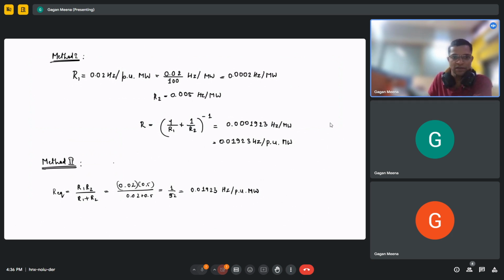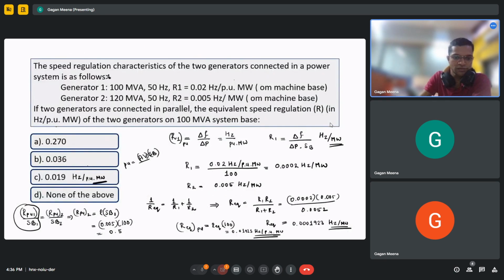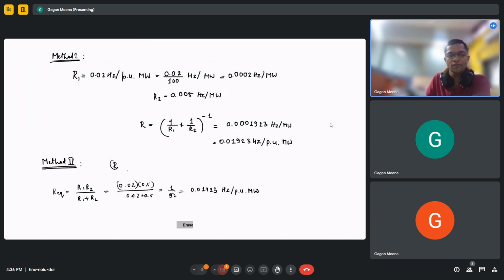So here, let me write it here. R2 per unit is equal to R2 into system base 2, which is equal to 0.005 multiplied by 100.